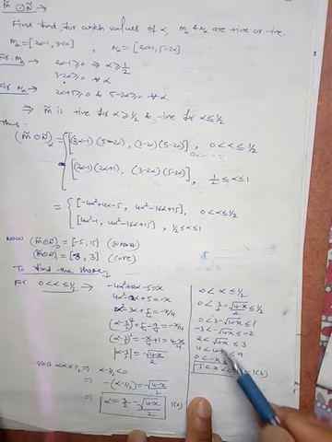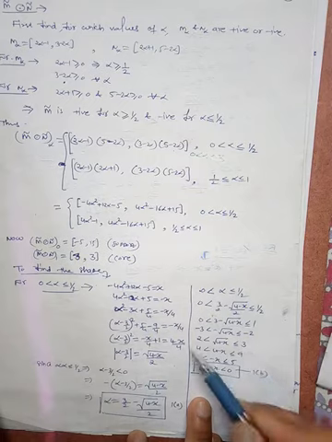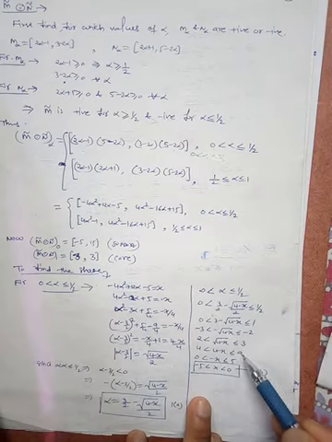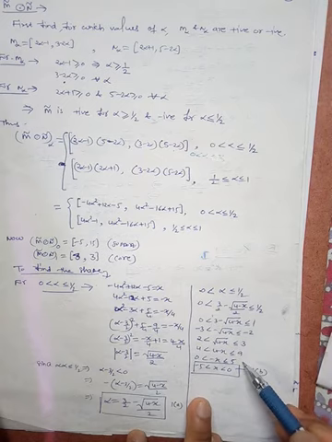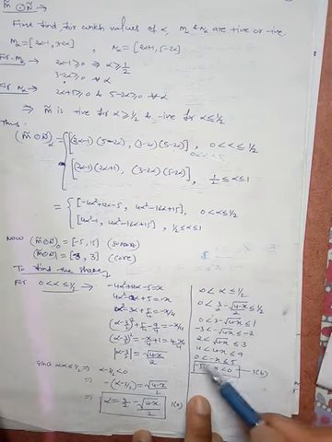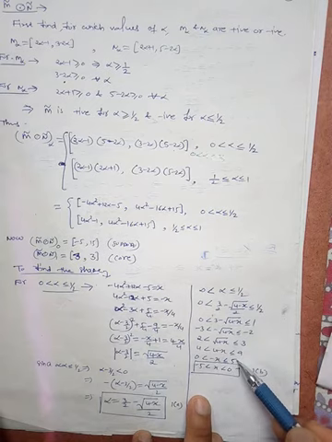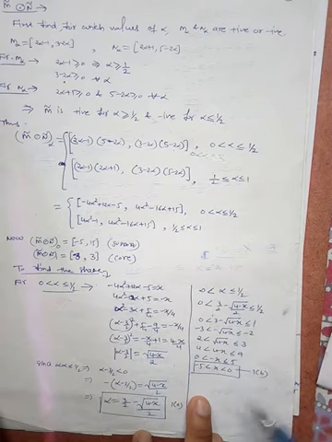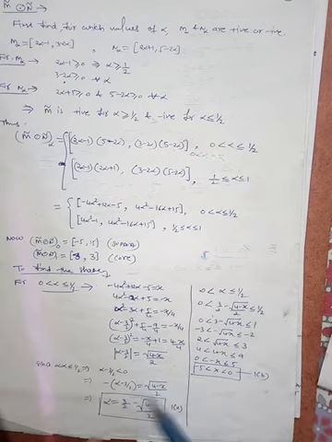So 2 is less than square root of (4 minus x) is less than or equal to 3. Then square: 4 is less than 4 minus x is less than or equal to 9. Then subtract 4 from the entire inequality, so we get 0 is less than minus x is less than or equal to 5, and then multiply by the minus sign. So minus 5 is less than or equal to x is less than 0. So this is 1b, and it is valid for this interval.